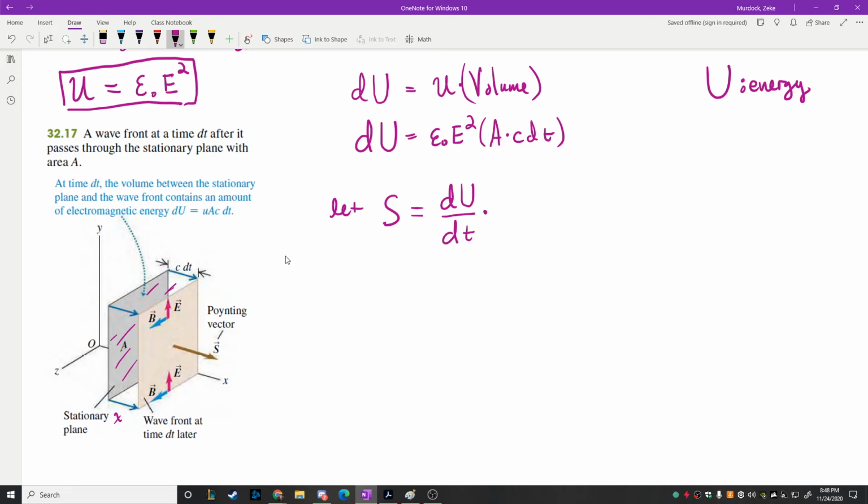I'm also going to multiply this times 1 over the area, and that is equal to epsilon naught times E squared, and then what's left over here is this c.